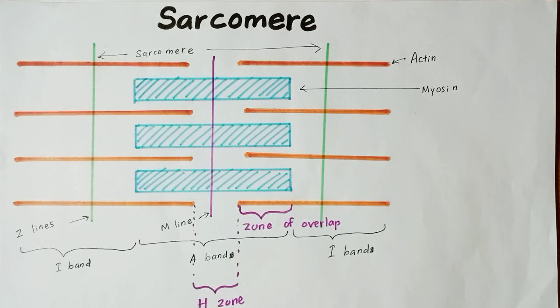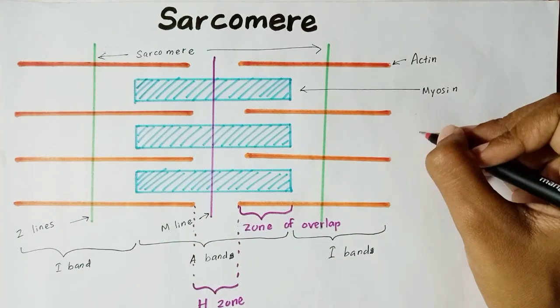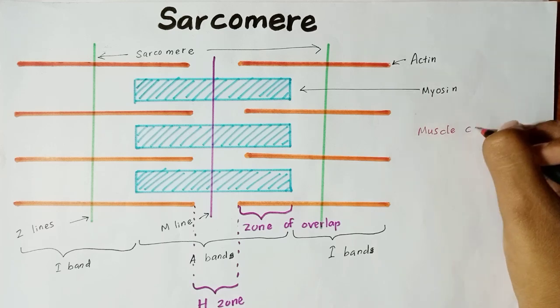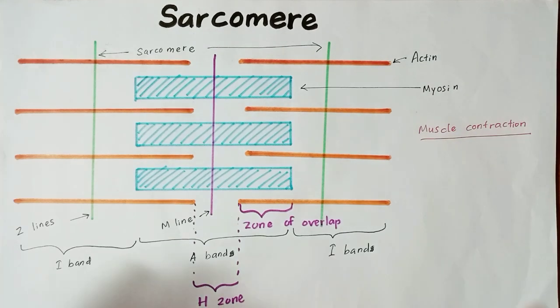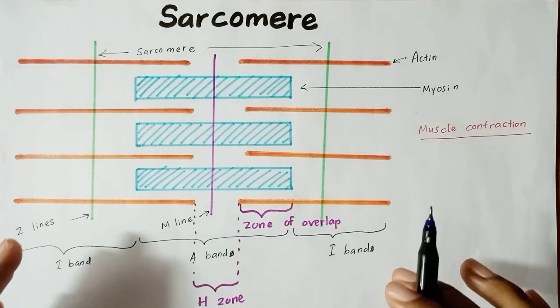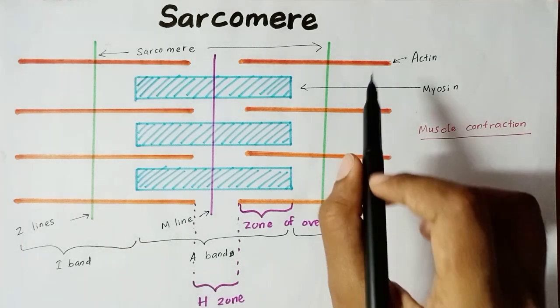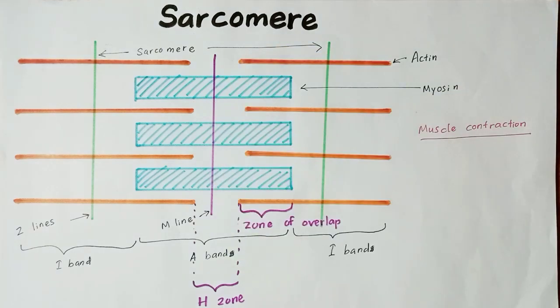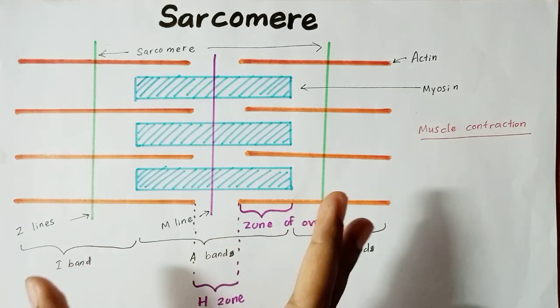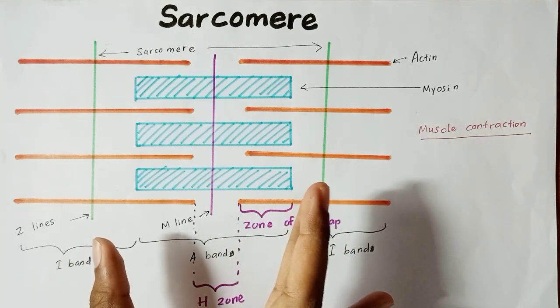Now let's see what will happen to this sarcomere when a muscle contracts. When the muscle contracts, these filaments slide centrally. That means these actin filaments come toward this M line. So this makes this zone of overlap greater and the length of the sarcomere decreases.